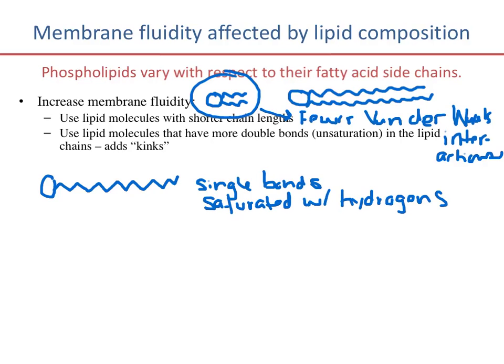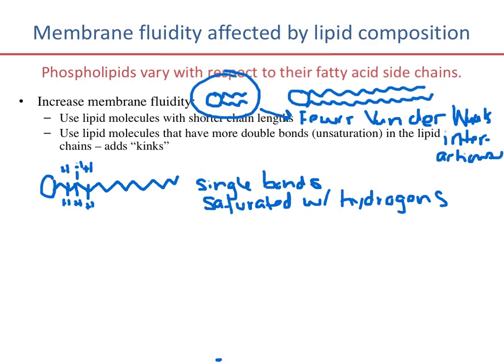You've heard the term saturated fats and unsaturated fats. So saturated fats are fats with single bonds, and so they've got a lot of hydrogens. I'm drawing them in right there.